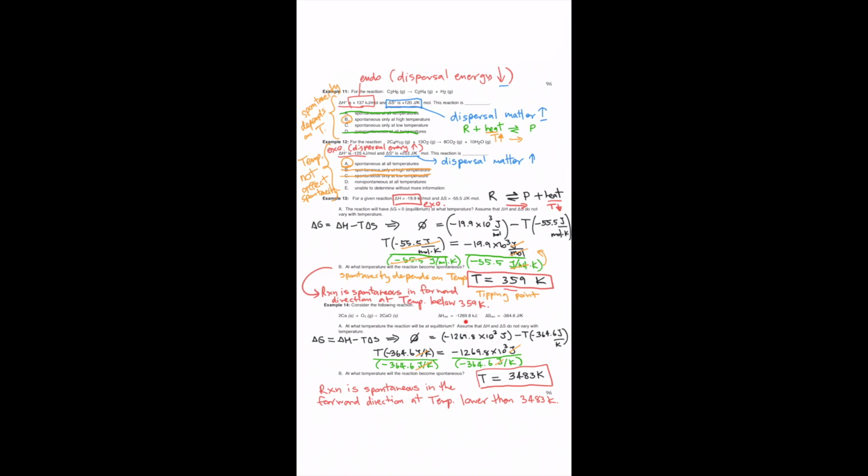For an exothermic reaction, the reaction would go forward toward the product, which produces more heat at lower temperature. Therefore, the reaction is going to be spontaneous in the forward direction at temperature lower than 3483 Kelvin. Next, we will take a look at the thermodynamic functions at the standard condition versus non-standard conditions.